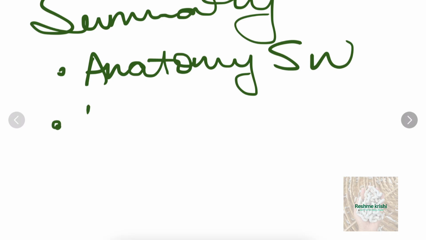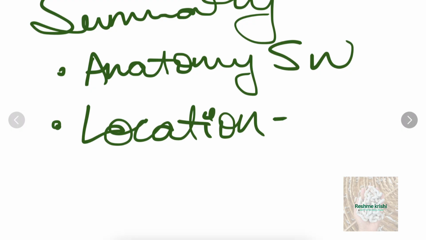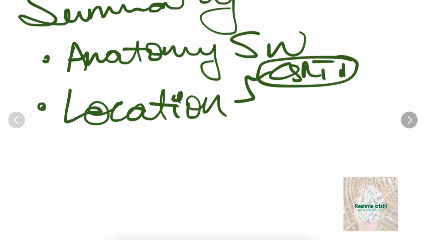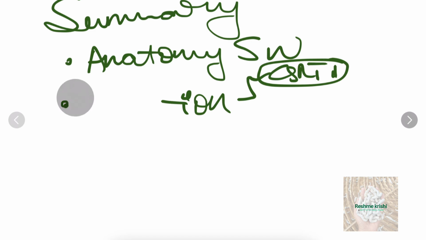And there were direct questions on location and what work is done there also. They have asked, for example, CSRTI. Okay, they have asked those questions, which means such questions might come in future. They are giving a hint like that. Here, I would rate this particular question as anatomy and morphology.